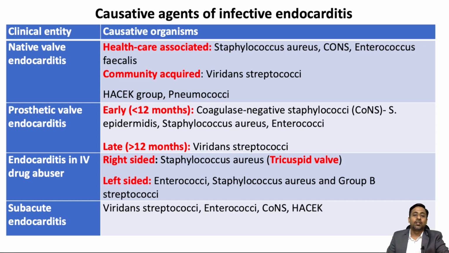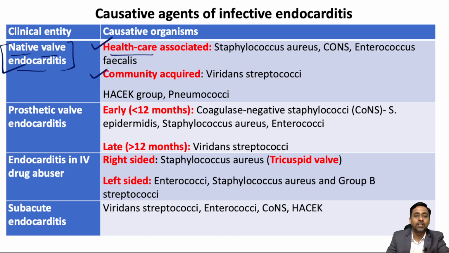Now there are certain causative agents which are commonly associated or called typical microorganisms for infective endocarditis. It varies with different clinical entities. For native valve endocarditis, that means not the prosthetic valve, it is classified again into two types: healthcare associated and community acquired.